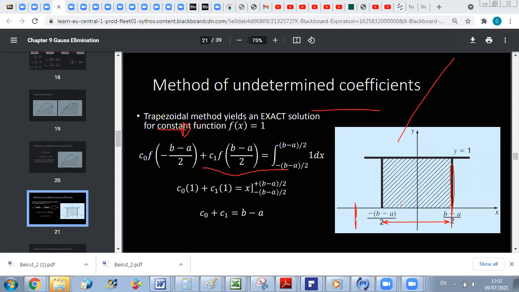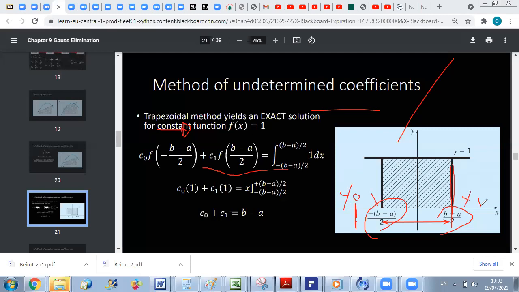All I have to do is to apply the rule. So C0 times f of x0, and here x0 is this one. Because you consider that your 2 points are the ends of your trapezoid, x0 is minus (b minus a) over 2, and x1 is plus (b minus a) over 2.